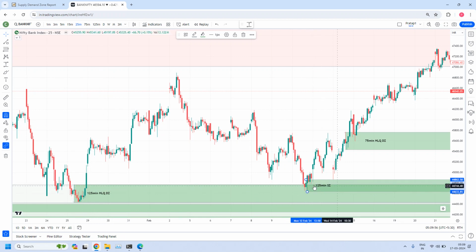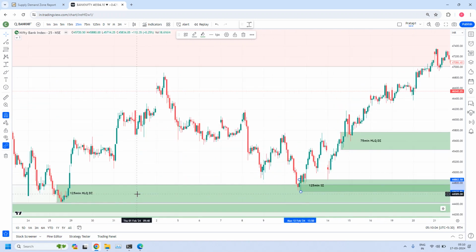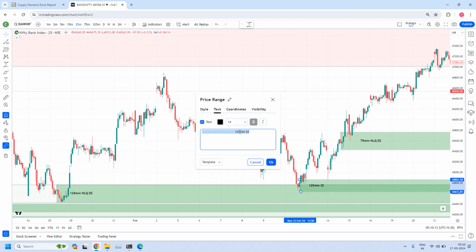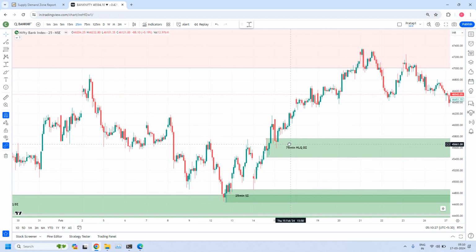If it is individual, not part of this high liquidity zone, it could be a normal zone only. The 125 minutes zone is the main reason behind holding this, by making use of this 25 minutes demand zone. Sorry, I have typed 125. For this reason, this 25 minute zone is holding the prices because of this 125 minutes high liquidity demand zone.